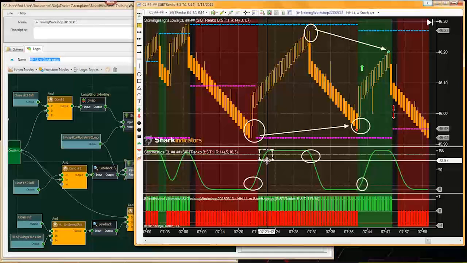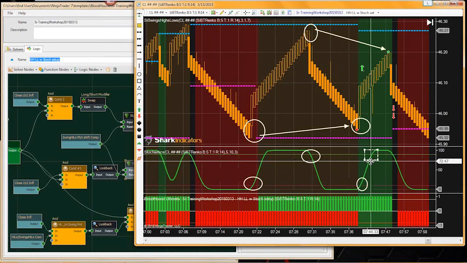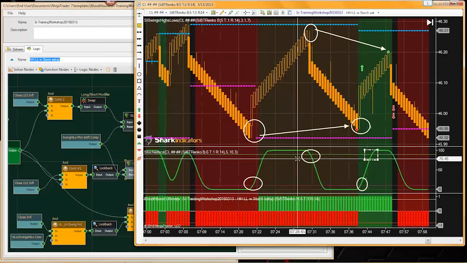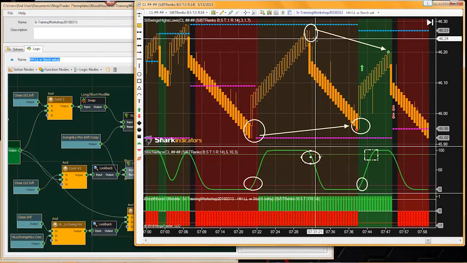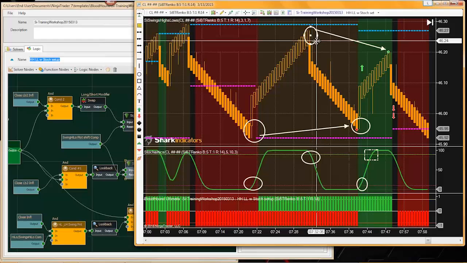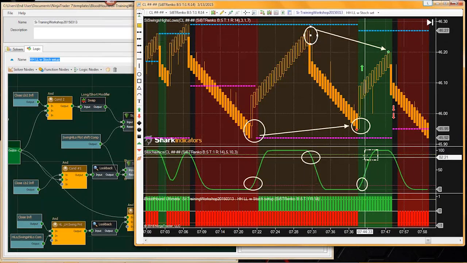So my thought was that the actual reset would require condition 2, and the stochastic crossing above 90 as well.